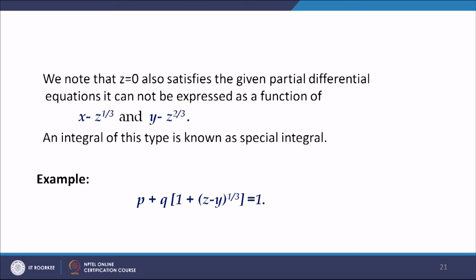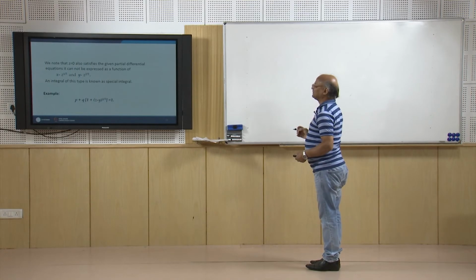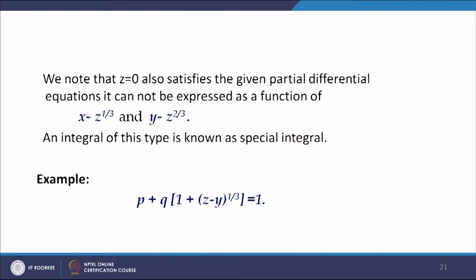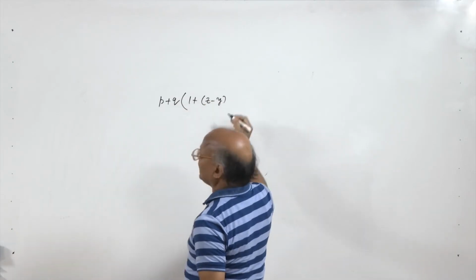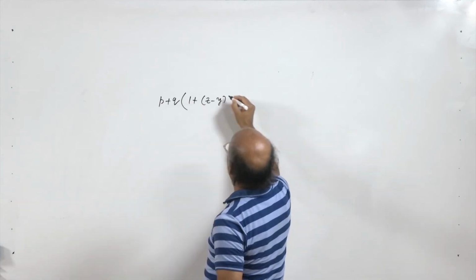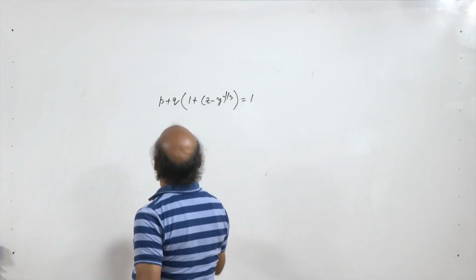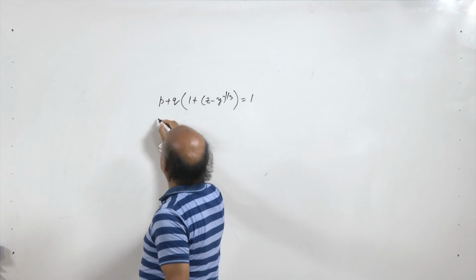Now let us take one more case. So let us consider one more partial differential equation of this kind: p plus q times (1 plus (z minus y) to the power 1 by 3) raised to the power 1 by 3 equal to 1. So again we see that it is a Lagrange linear equation. So we can write the subsidiary equations.